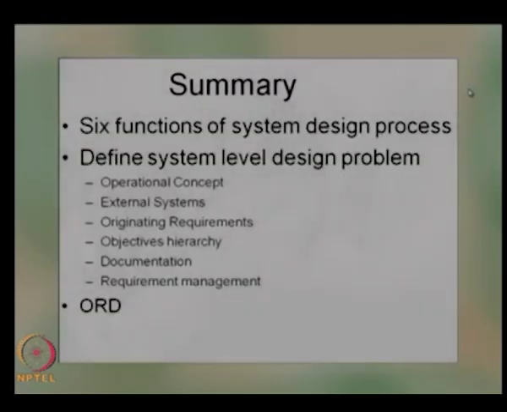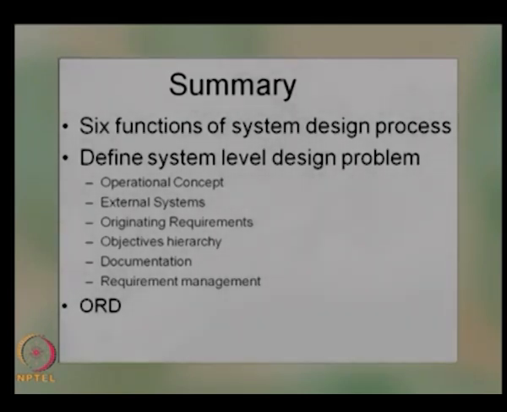So to summarize whatever we discussed in the last few lectures, we started with the 6 functions of the system design process, where we started with the first one, defining the system level design problem. Out of the 6, this is the first one, and we went into the details of this phase.